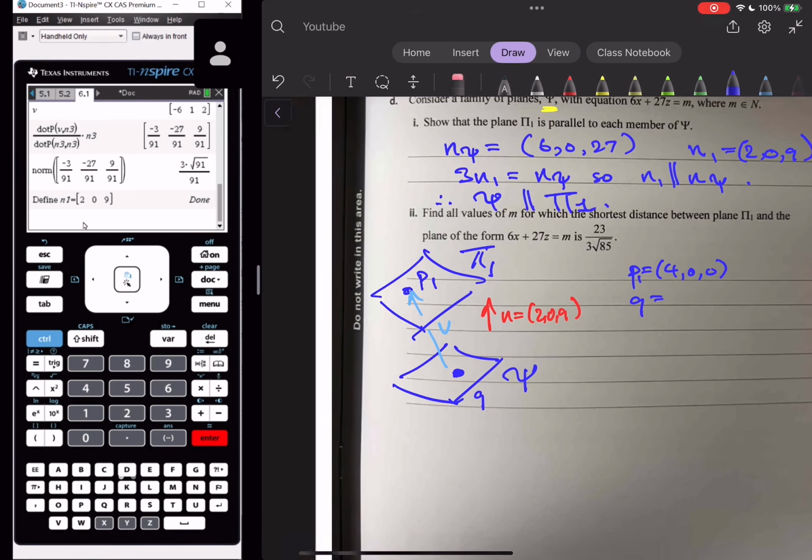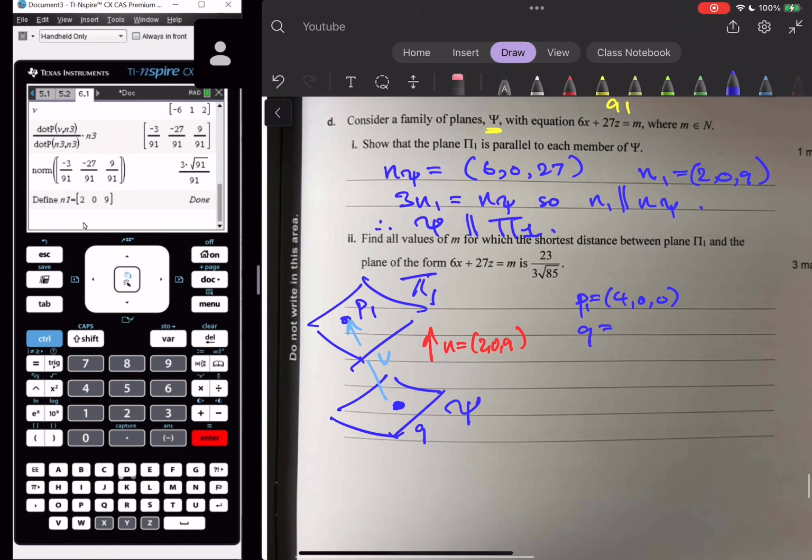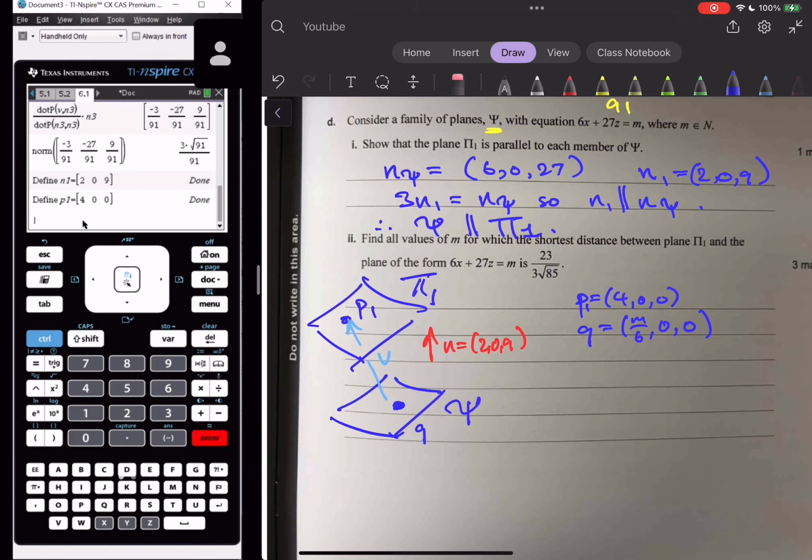What's a point that lies on this plane psi here? Well, again, if I just choose z to be 0, y is free to vary, so we can just choose y to be 0. That means x must be m over 6. So let's plug that into the CAS. I'm going to define p1 to be equal to 4, 0, 0. And I'm going to define q to be equal to m over 6, 0, 0.